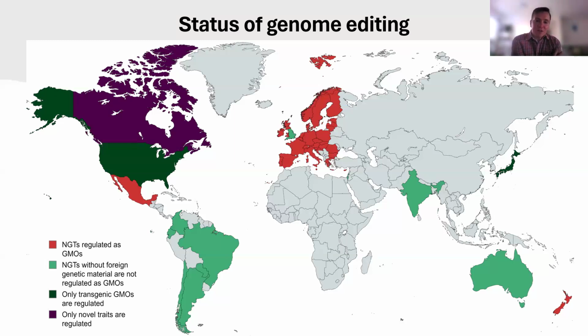So we need to take into account that there is a proposal, but we don't really know how they are going to adopt that, because this proposal is now endorsed by the European Parliament, by the way, but now it goes to the member states, and the member states are in the main opposed to GMOs, NGT included.